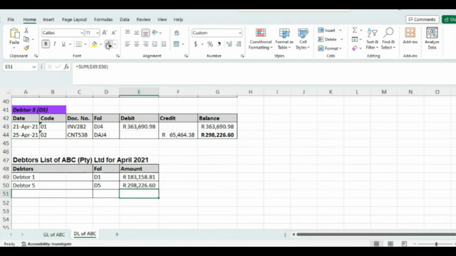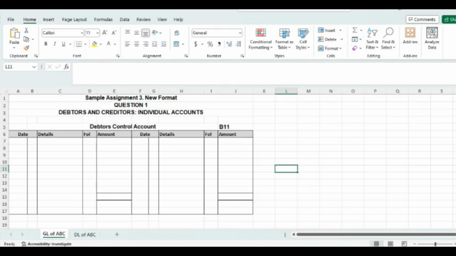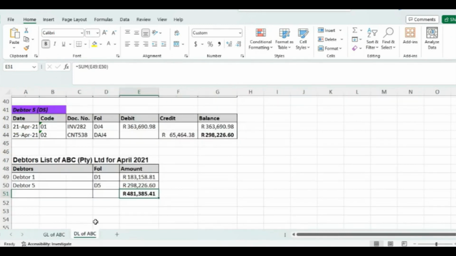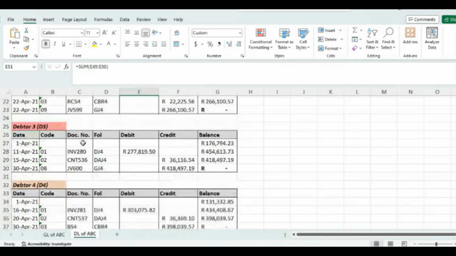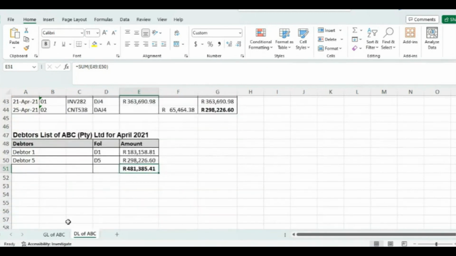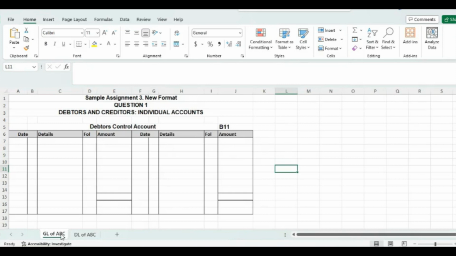And of course, we add those two, and we see that the amount outstanding is 481,385.41.